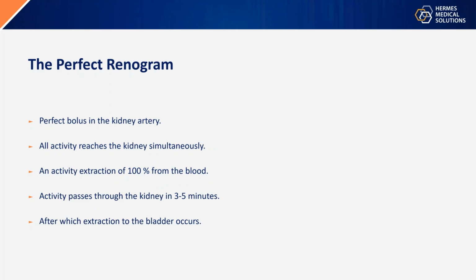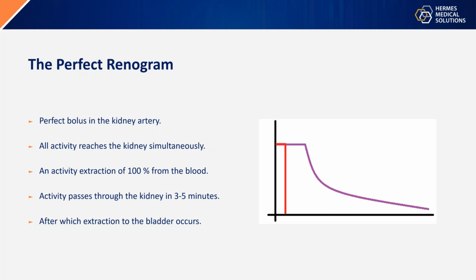The activity then rests in the kidney for 3 to 5 minutes, passing through the renal pyramids, and then extraction down to the bladder occurs. And if this was the case, this is how a renogram would look.